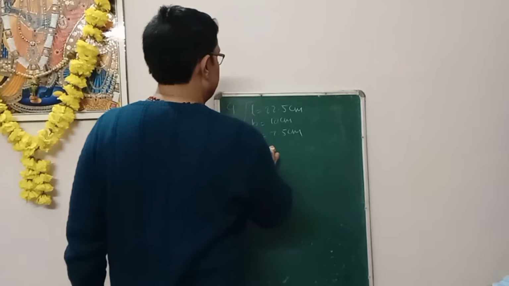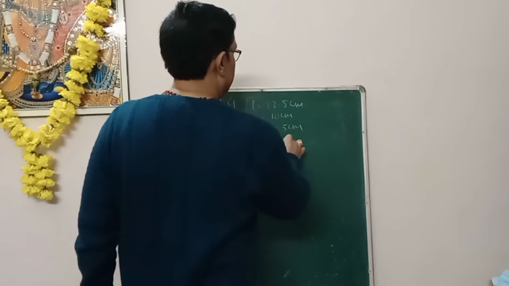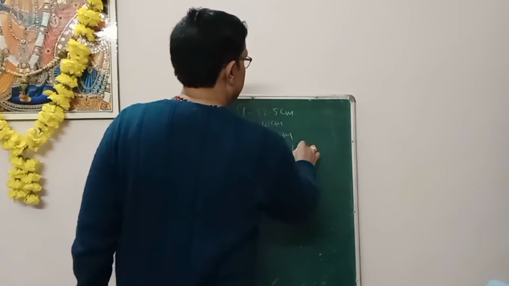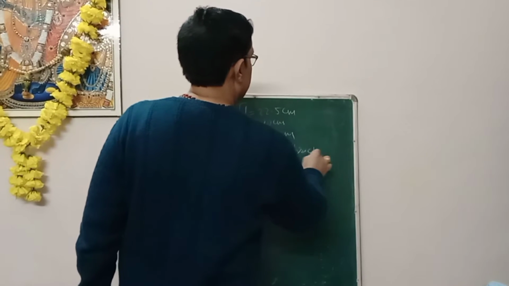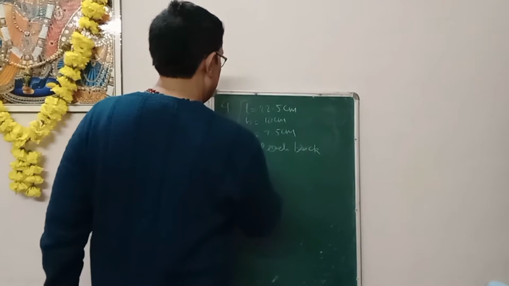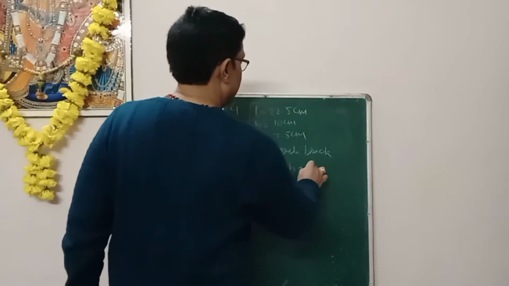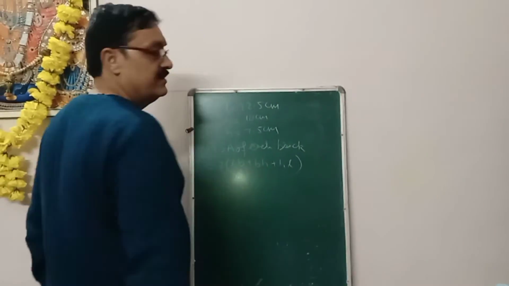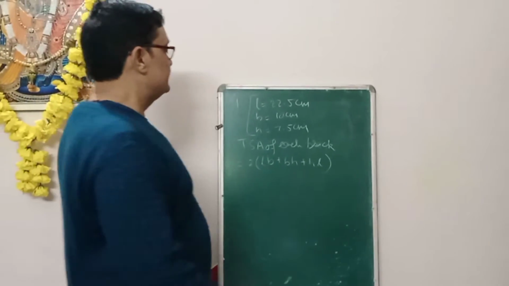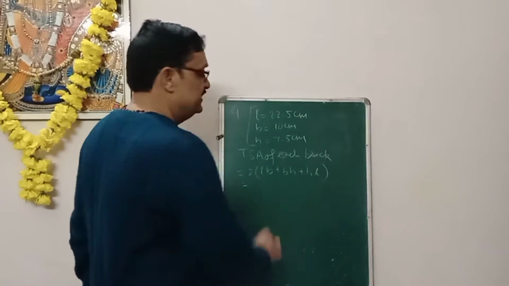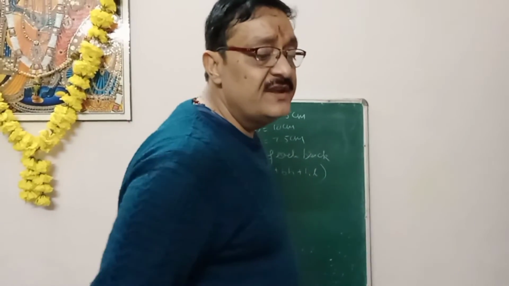Doing that, we are calculating total surface area of each brick, and this is 2(LB plus BH plus HL), which all of us know. And how much is this area?